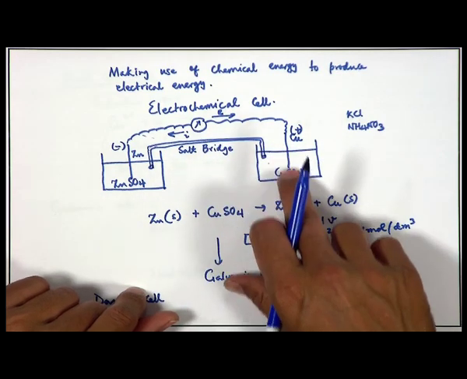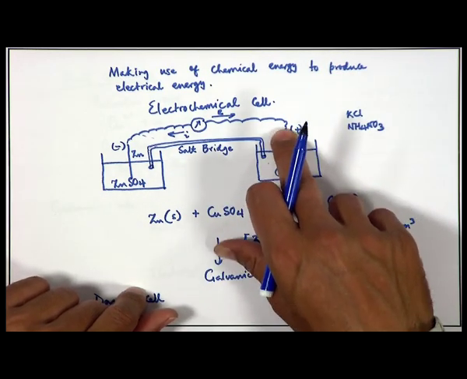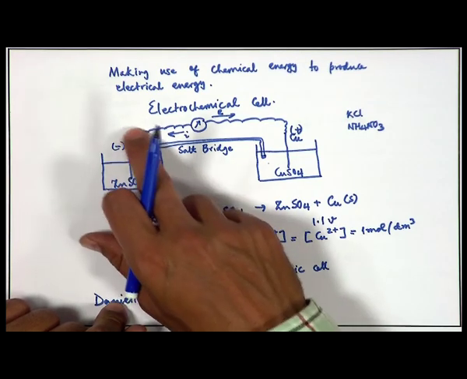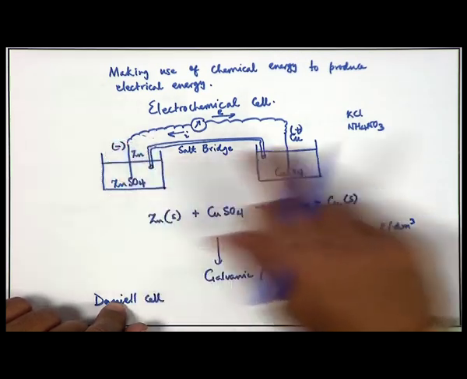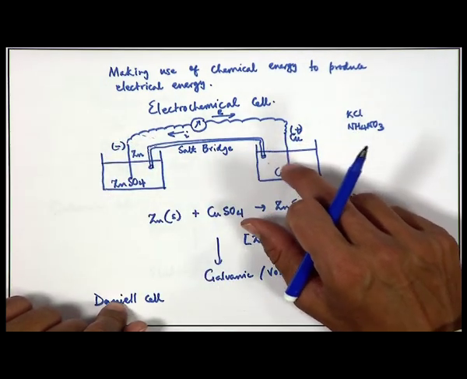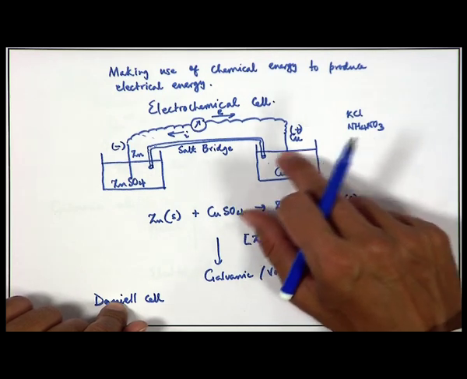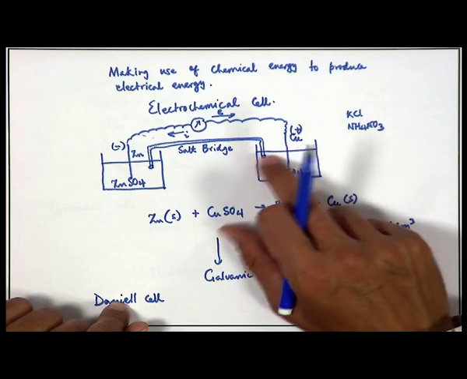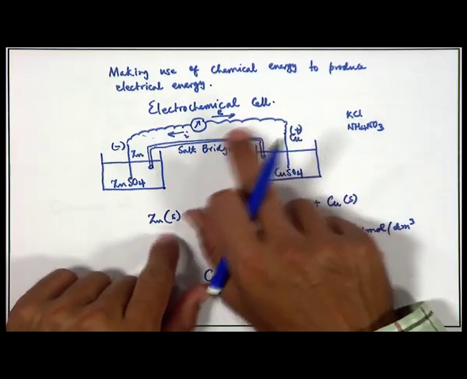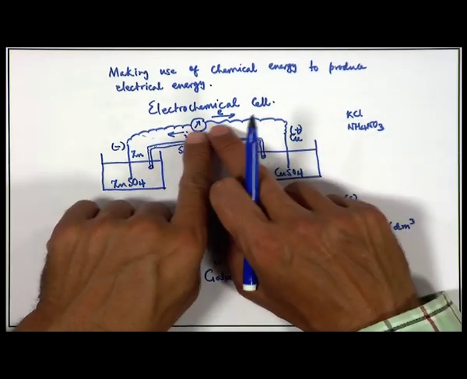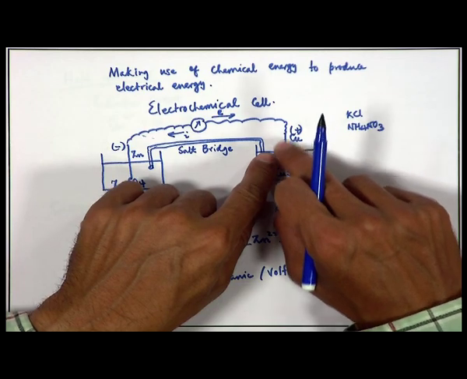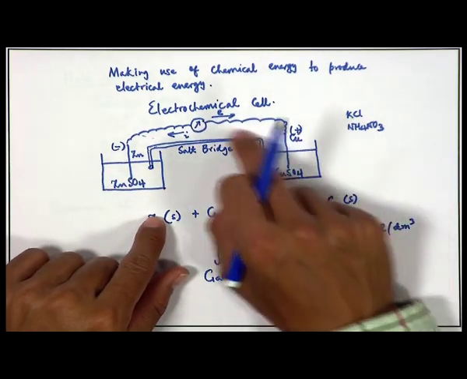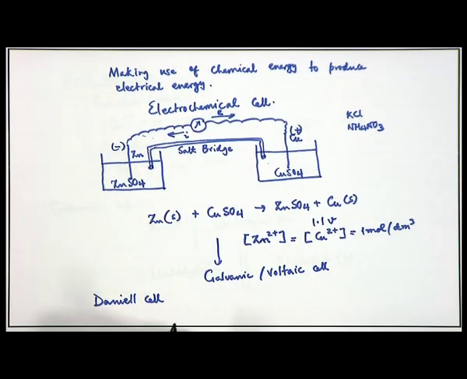If this is electron rich and this is electron deficient, then electrons will accumulate over here, and since this copper rod is deficient, electrons will flow in this direction. Through the salt bridge the circuit will be completed.